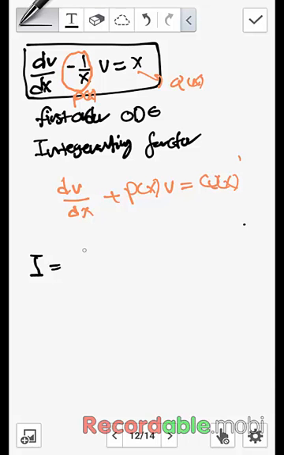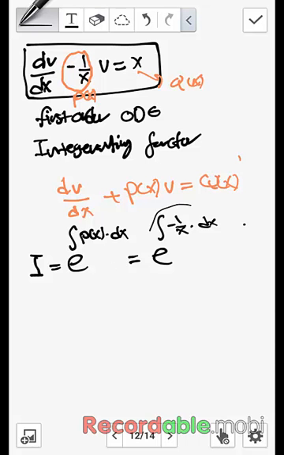We call it I, which will equal e to the power of the integral of p of x dx, which is equal to e to the power of the integral of minus 1 over x dx. The integration of 1 over x dx will give e to the power of minus ln x.